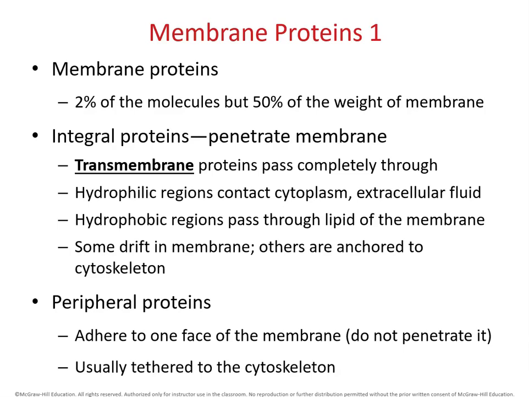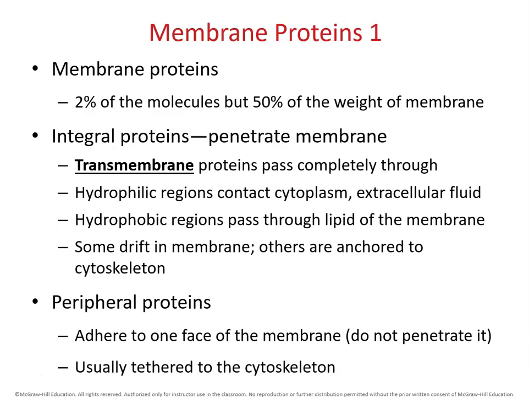Transmembrane proteins are going to have hydrophilic regions that are sticking out on either side of the plasma membrane, either into the extracellular fluid or the intracellular fluid. But the portion of that transmembrane protein that is actually stuck into the phospholipid bilayer is hydrophobic, because those fatty acid tails are hydrophobic. So, like the phospholipids, the proteins can kind of drift around just a little bit.